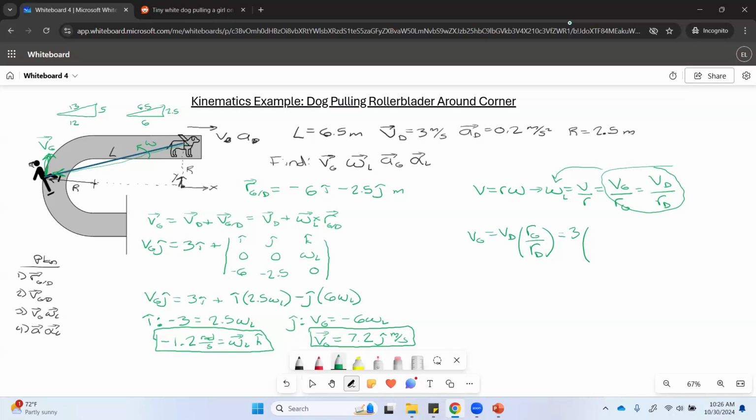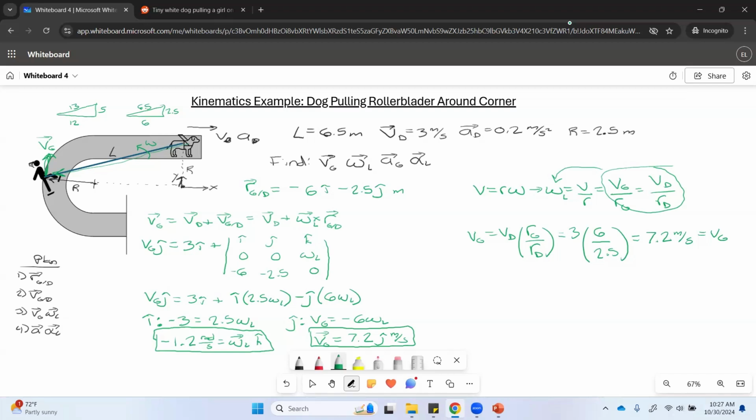This is just scalars. So position of girl, which was 6, and then the distance for the dog is 2.5. And this comes out to be 7.2 meters per second equals VG. And because this is a scalar, we have to know that VG is in the positive J direction.